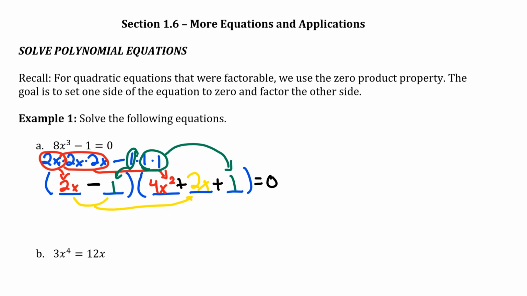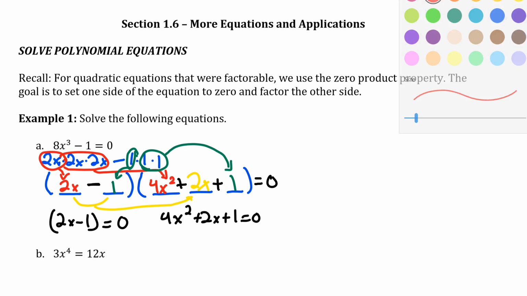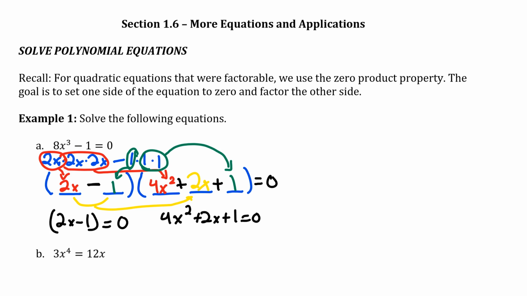So we have factored this 8x to the third minus 1. So we have a 2x minus 1 is equal to 0, and we have a 4x squared plus 2x plus 1 is equal to 0. Now this one I can go ahead and solve because it just has an x to the first power.